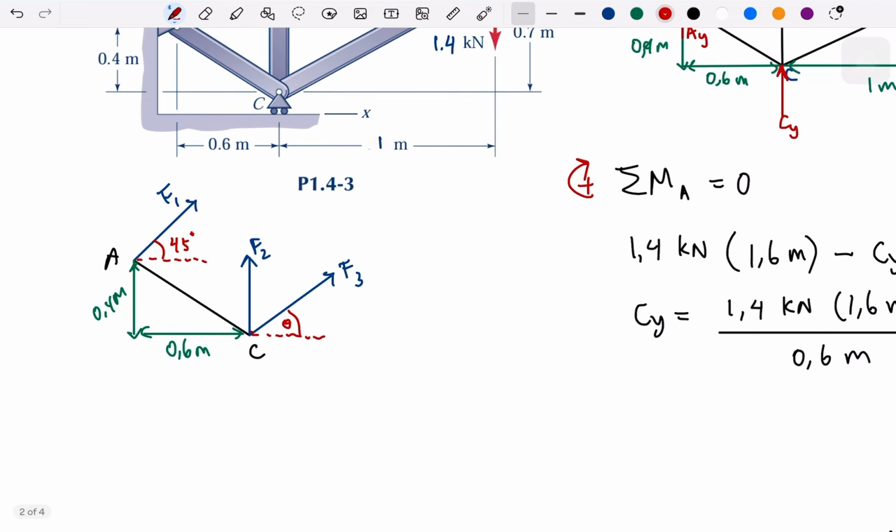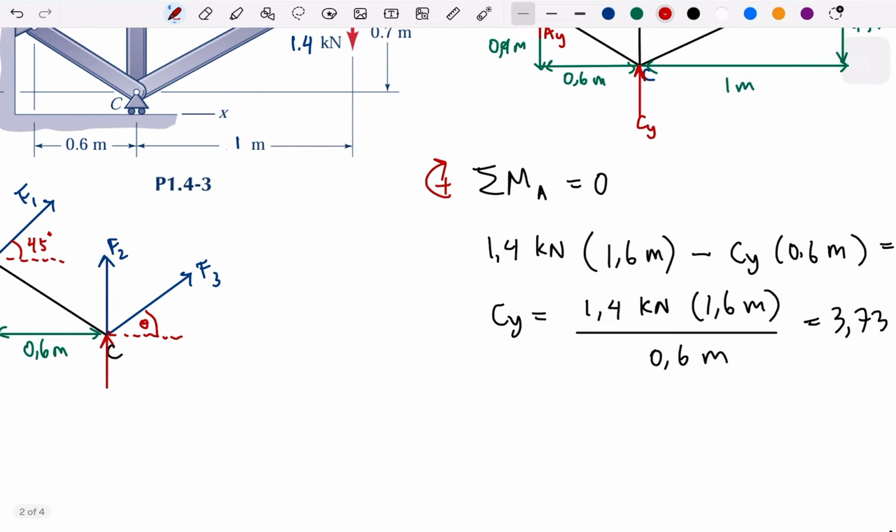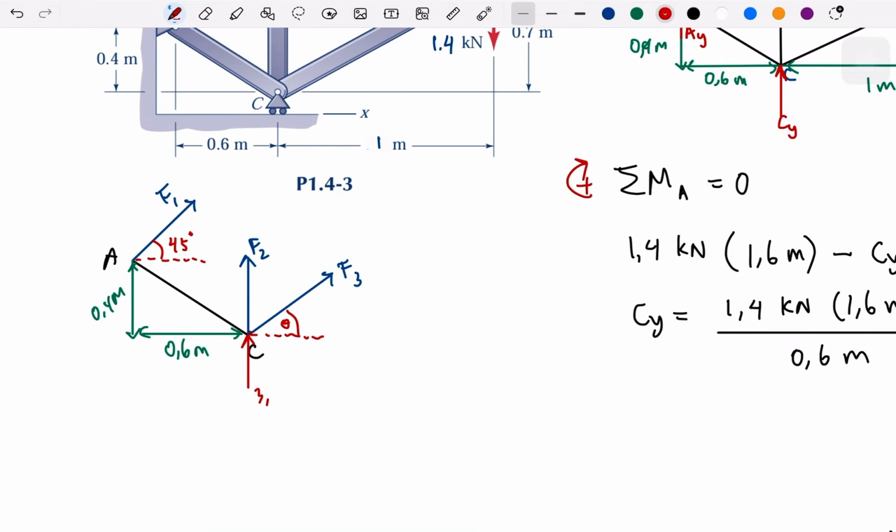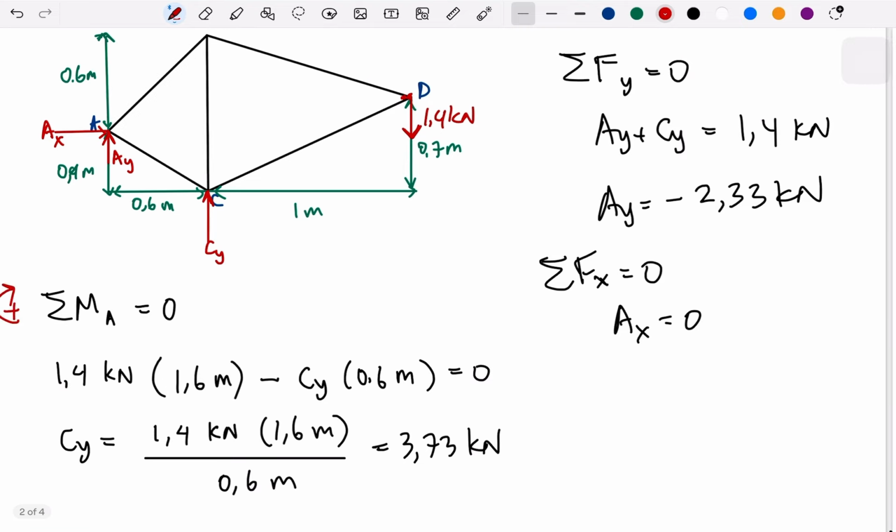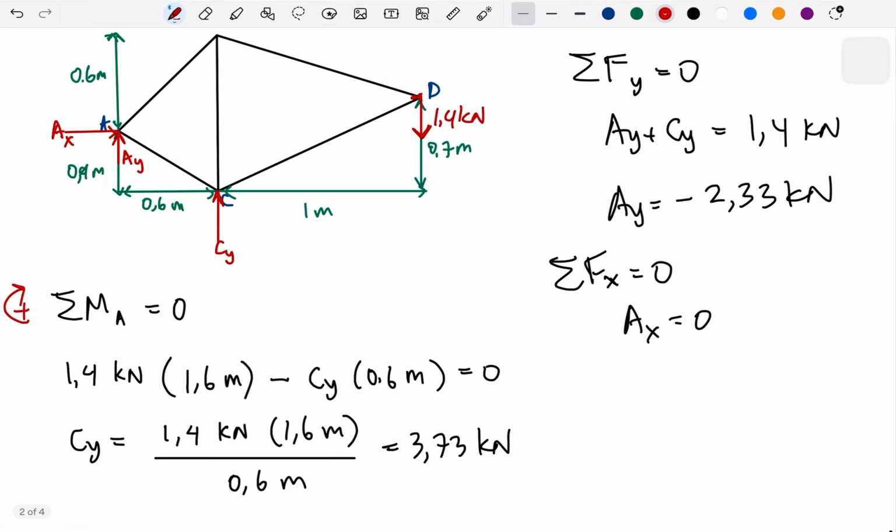So Cy we have here, right? So let me just write this as 3.73. And then Ay is 2.3, but it is negative if we take upwards.